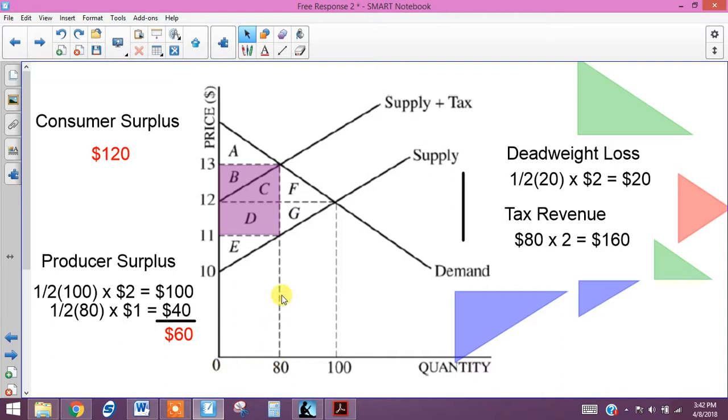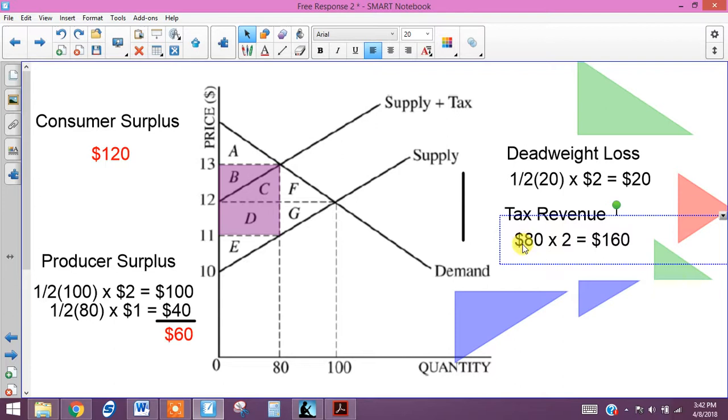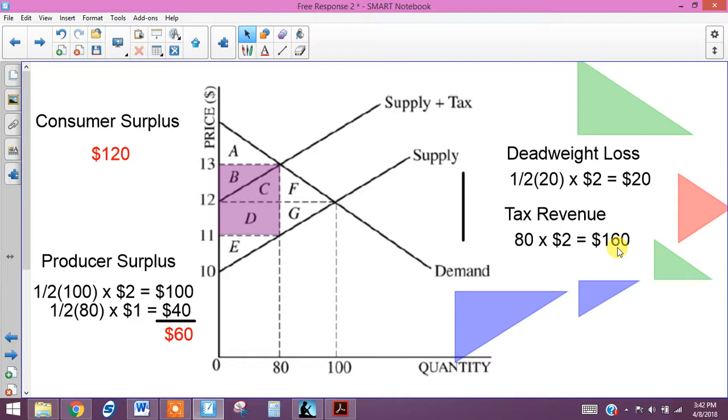So the tax revenue is going to be 2 times, actually I did that wrong. This should be 80 quantity times $2, right? And that's going to be a tax revenue of 160.